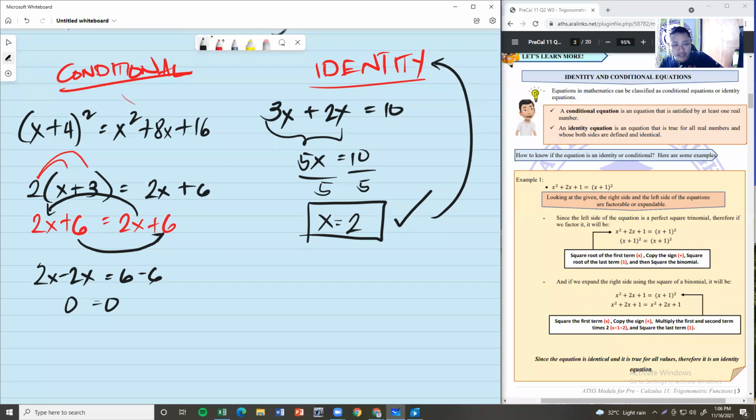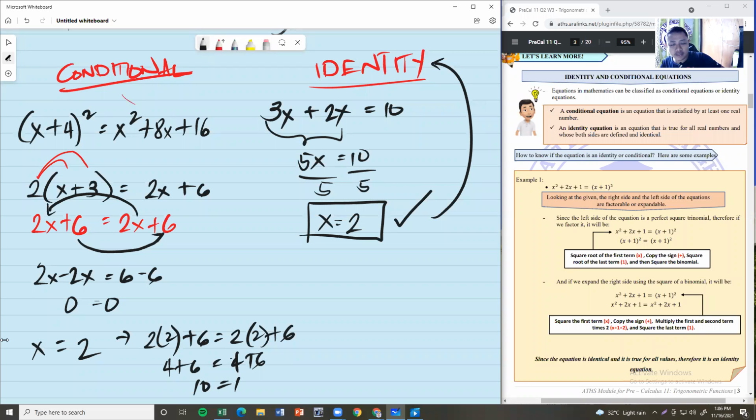For example, if we let x be equal to 2, then by substituting 2 in our equation, this will become 2 times 2 plus 6 is equal to 2 times 2 plus 6. So this will become 4 plus 6, which is 10 is equal to 10.